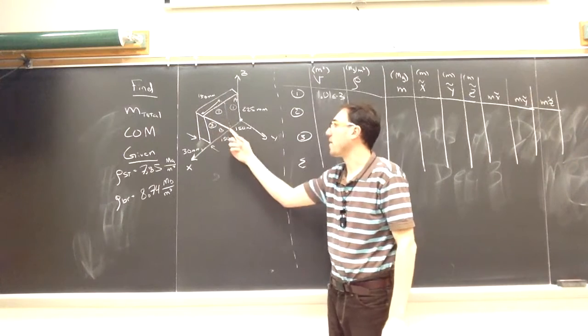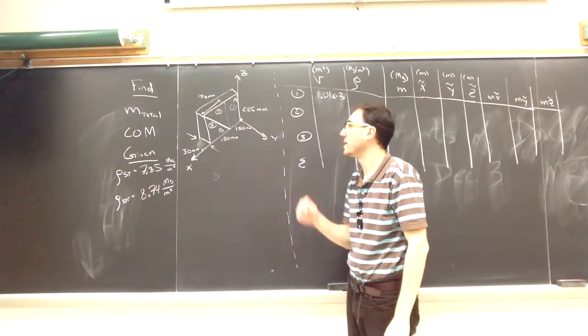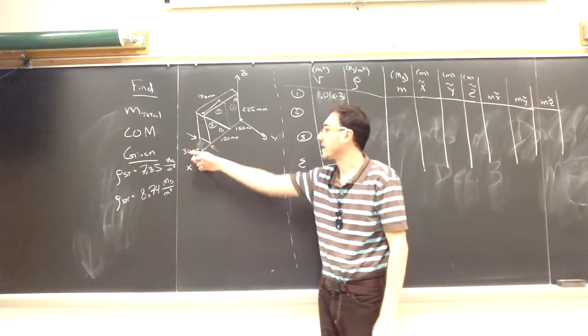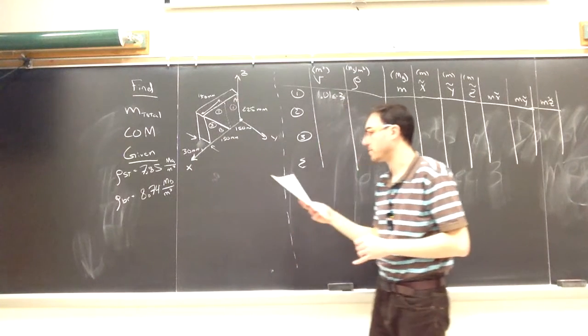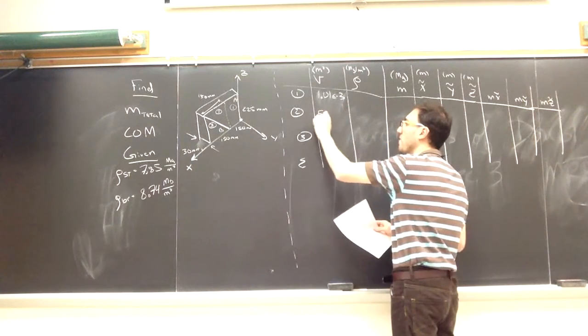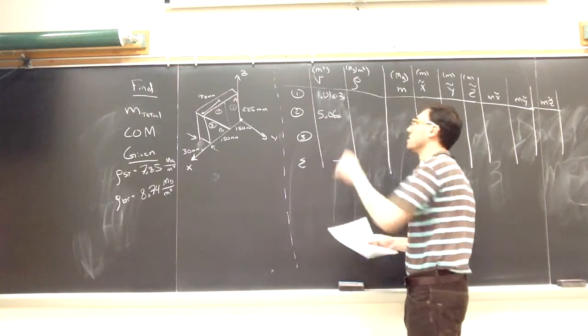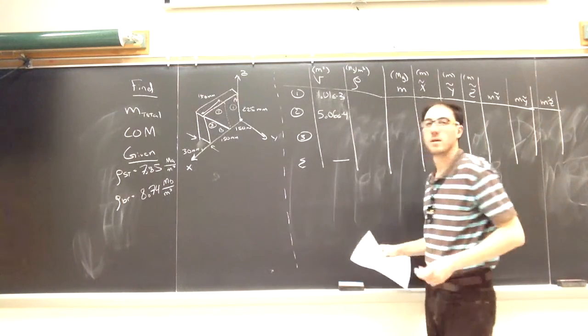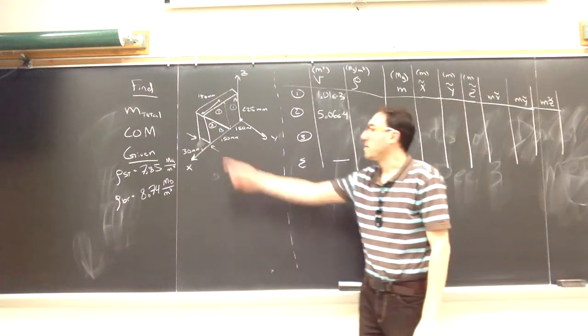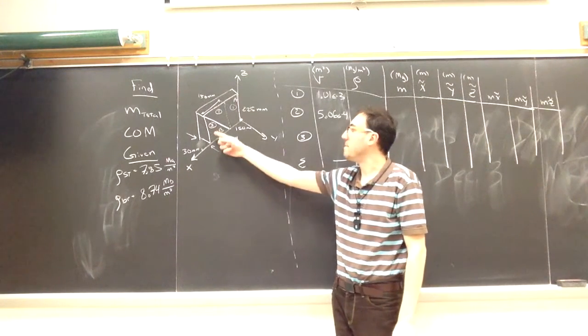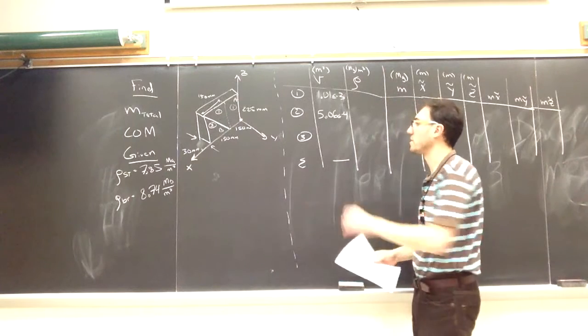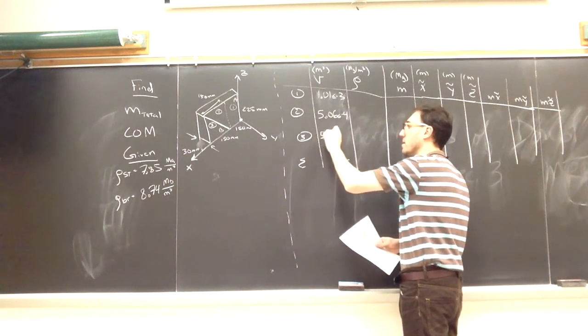So the area will be 1/2 its base times its height, and then I multiply that by its thickness of 30 millimeters. So shape 2 has a volume of 5.06 times 10 to the negative 4. And shape 3, my other triangular piece, has the same dimensions as shape number 2, so therefore its volume is also the same.